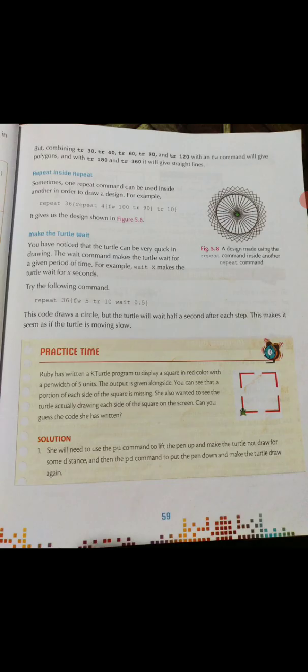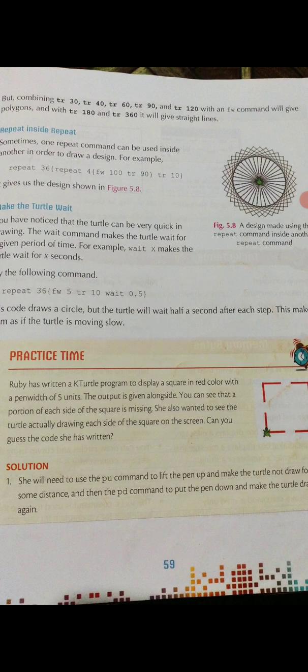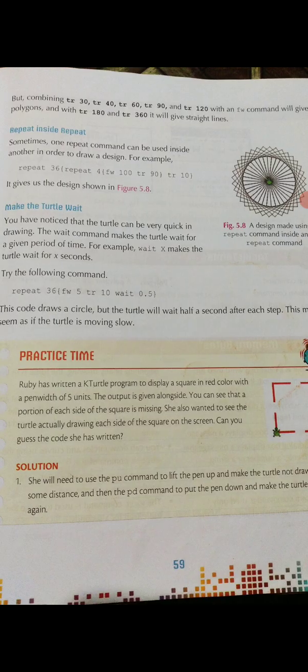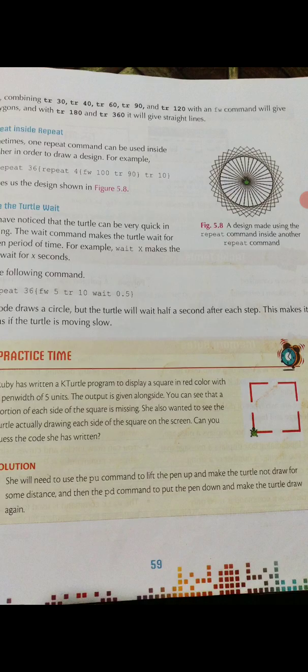Then you see the command, for example, repeat 36, repeat 4, forward 100, TR 90, TR 10. So here what happens? Here repeat means 36. It has been repeated 36 times.